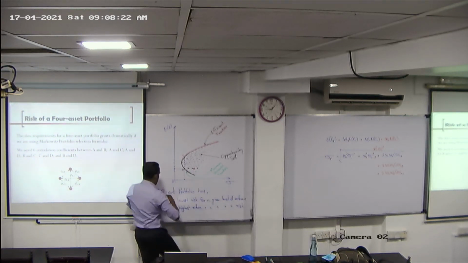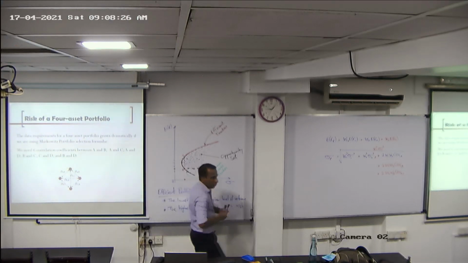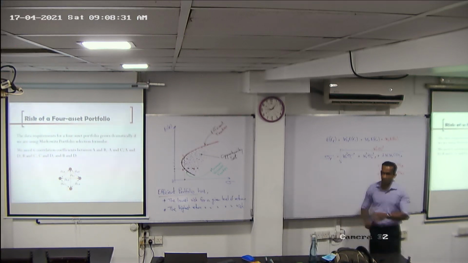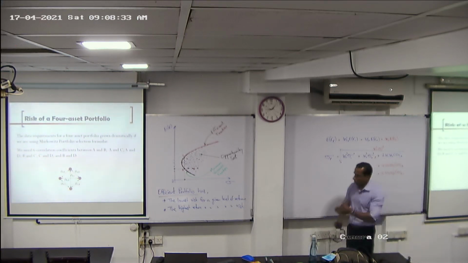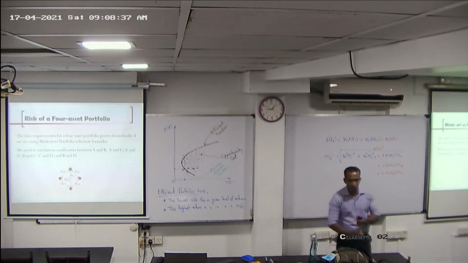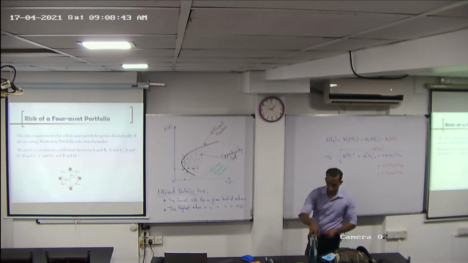When both these requirements are satisfied, only then the portfolio will be efficient. A portfolio will be efficient when it has the lowest risk for a given level of return, and the highest return for a given level of risk. Both these requirements should be satisfied.